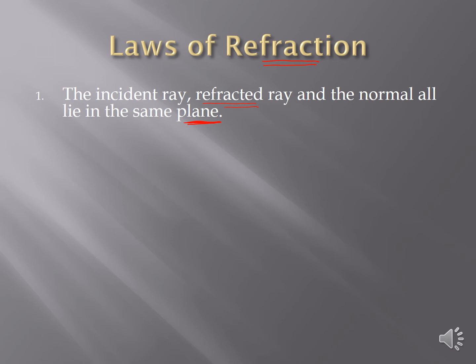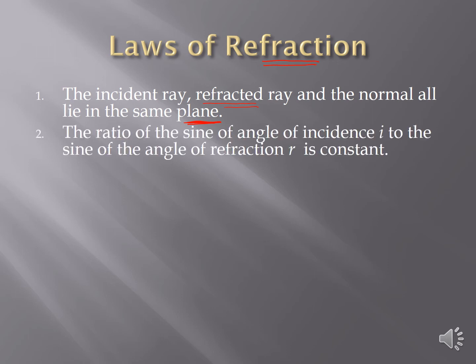The second law of refraction is a very important one, and our experiment will be centered around it. It says that the ratio of the sine of the angle of incidence I to the sine of the angle of refraction R is constant. So let's explain that. Firstly, a ratio compares two things. It's comparing something to do with the angle of incidence to that of the angle of refraction, and we show it in the form of a fraction.